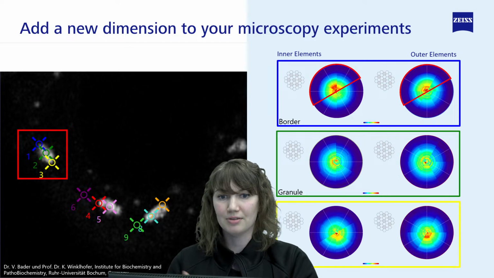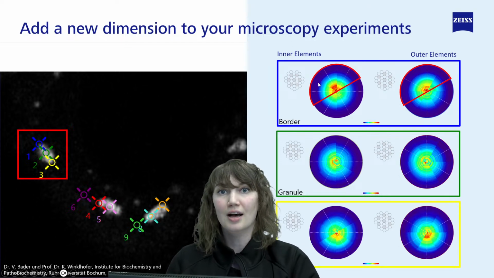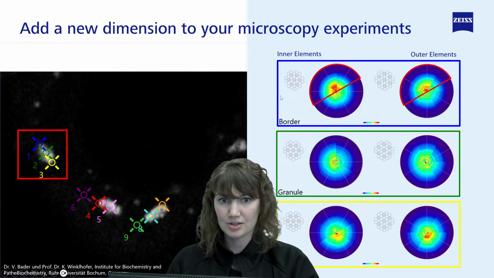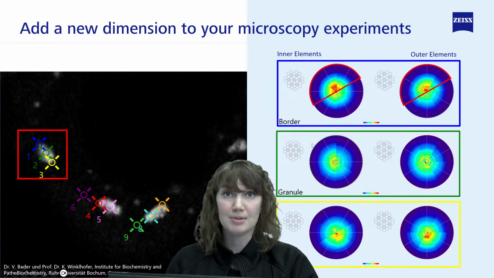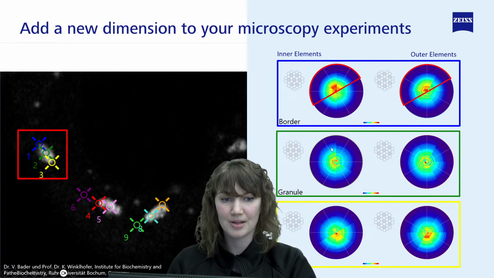And so this is just another example of that, right? We can see differences here on the inner elements. In number 1 here, we actually do see diffusion differences across that border. Everything looks basically the same inside of the granule itself. At the other side, you see the same thing.